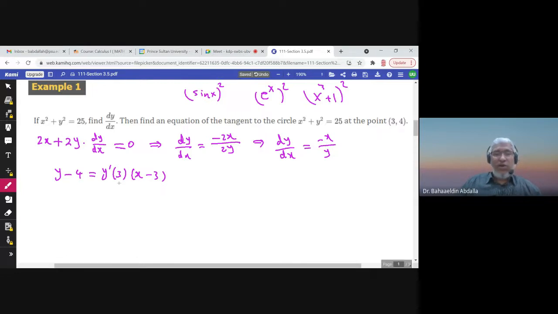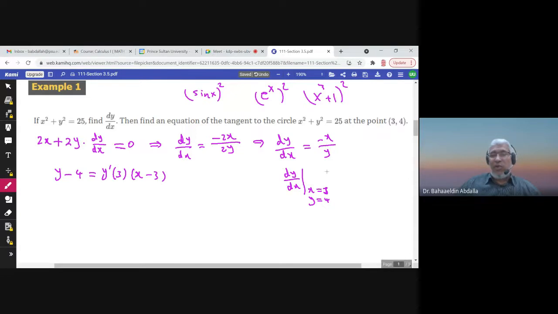So we need to find y prime at 3, which is dy by dx at x equals 3. But in dy by dx I have both x and y, so I need to replace x by 3 and also y by 4, because f of 3 is 4.